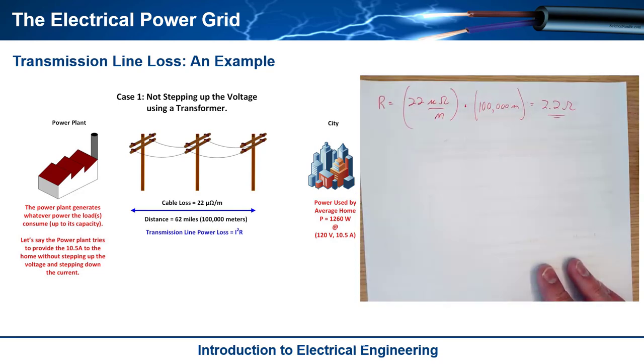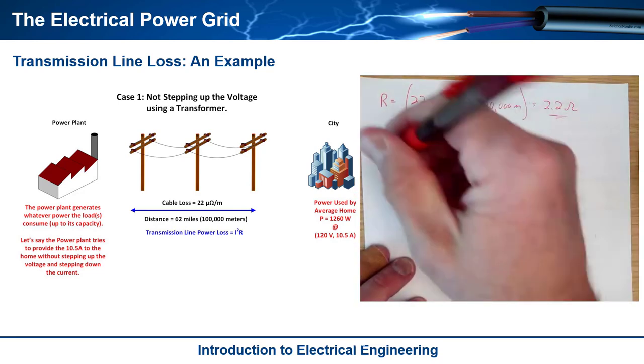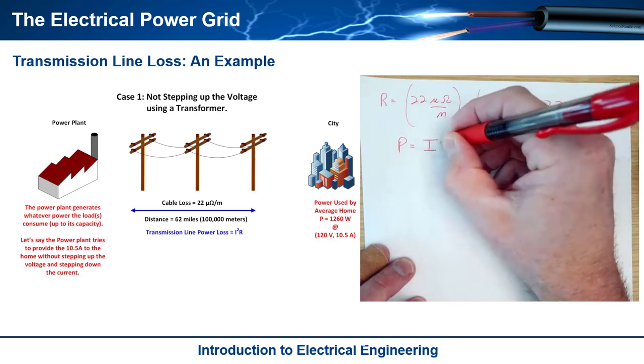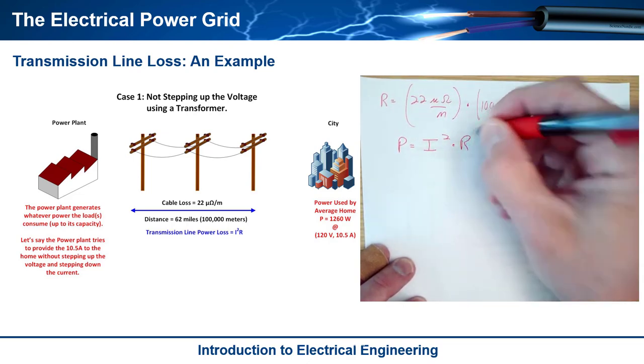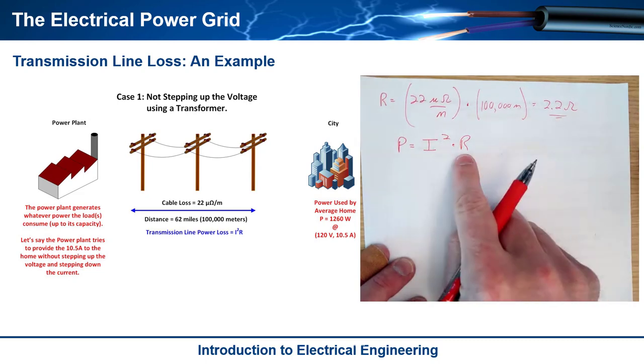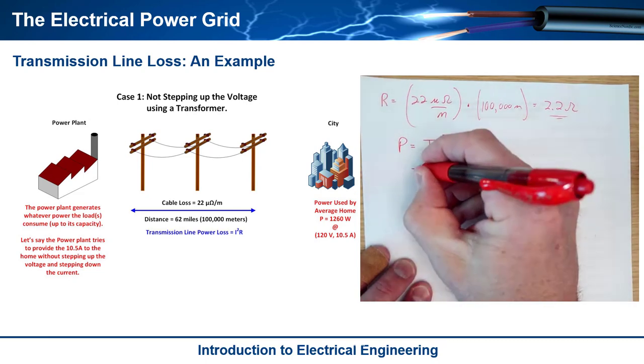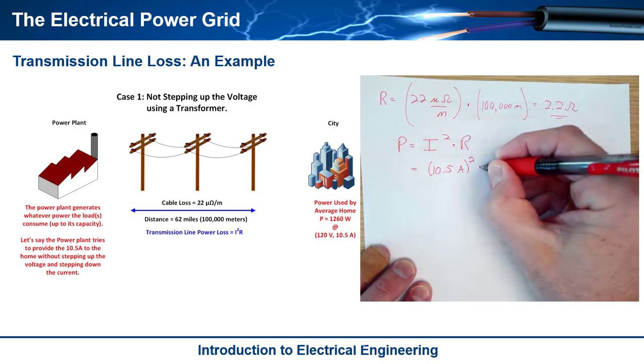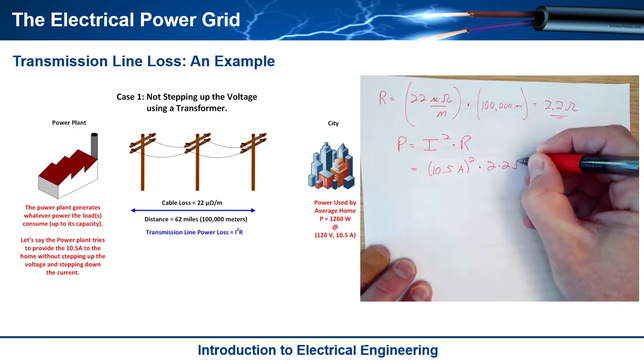Now here's the question: what power is lost in the transmission? We're going to use P equals I squared R to calculate that, because we have a resistance and we're trying to pull current through it. So I've got 10.5 amps squared multiplied by 2.2 ohms.